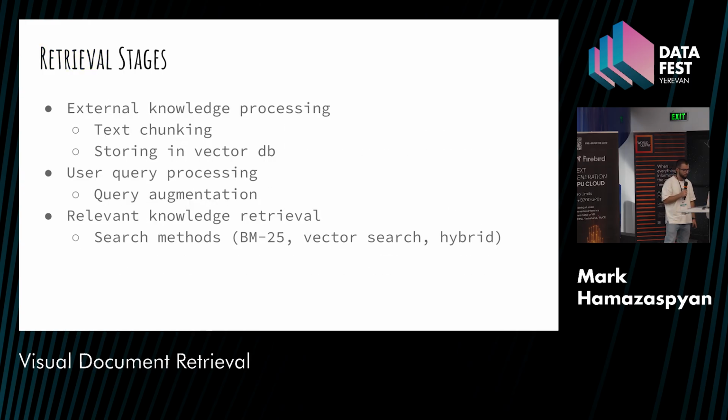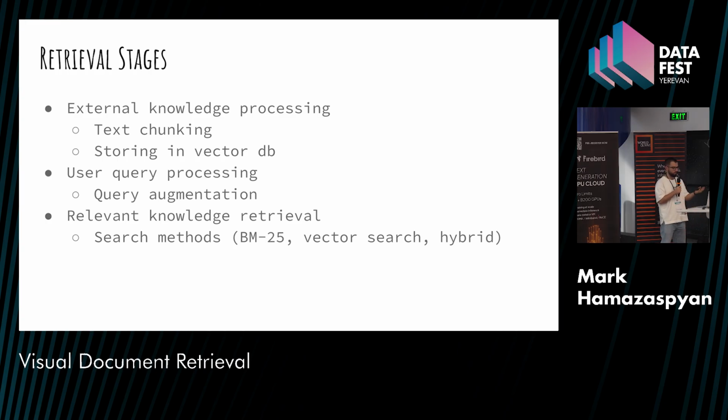Okay. So what are the retrieval stages that usually happen underneath? We have the external knowledge, we need to process it, and that includes text chunking and storing it in a vector DB or in another place. Then we have the user query.